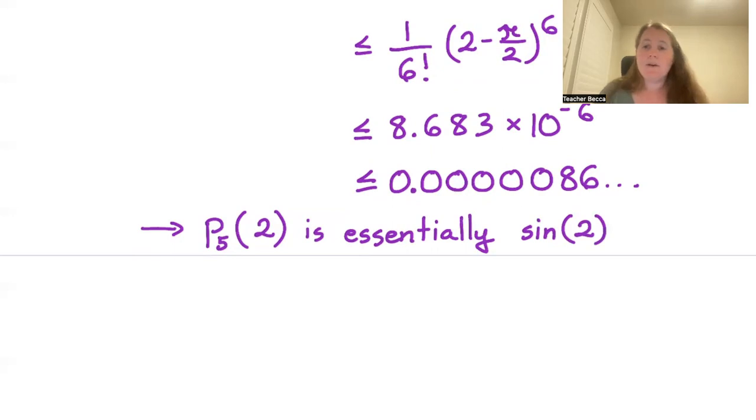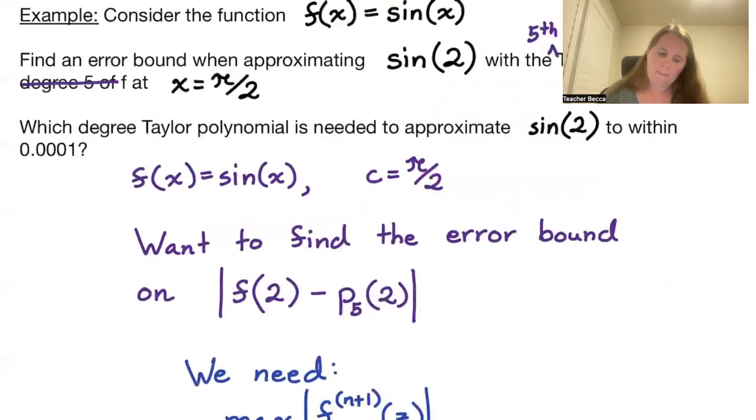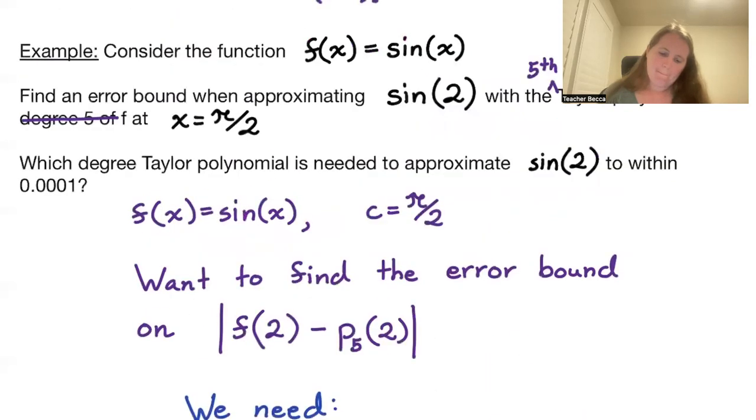Now the next question was: which degree Taylor polynomial is needed to approximate sine of 2 to within 0.0001?